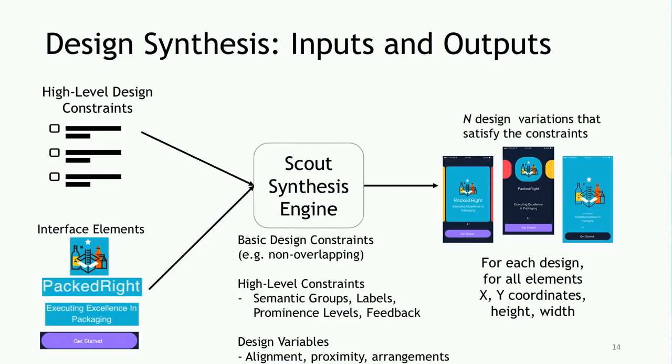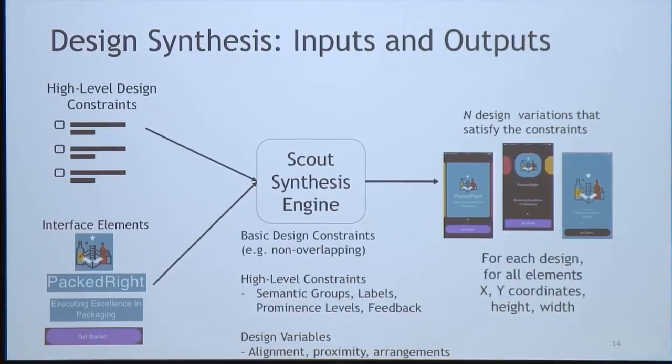So we return to our inputs and outputs. And our goal was to produce the set of design variations that satisfy the constraints. Scout will know about basic design principles like preventing element overlap, also high-level constraints like the semantic groups, prominence levels for elements, and the feedback constraints.